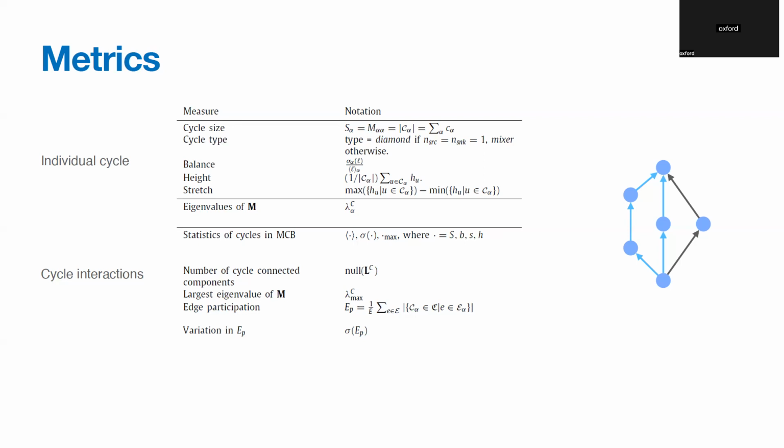And so these are all node-based characteristics, but you can also ask how they are organized in the graph, right? Are they all clustered together? Are they really spread apart? So what are the interactions? You can get ideas about the distribution in the network by looking at the spectral properties of the edge-edge interaction matrix, or rather, you have an edge-cycle incidence matrix, and then you look at the covariance of that, and then it's like analyzing the covariance matrix.